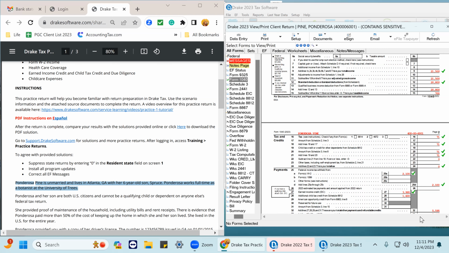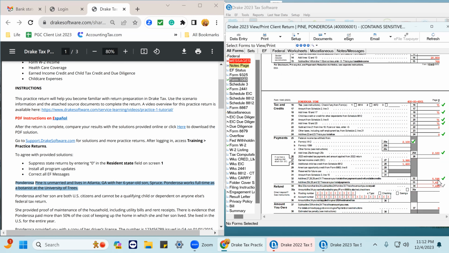So in this situation, they pay Uncle Sam nothing. They prepaid 2,100. They take it all back. Uncle Sam also gives almost 4,000 as an earned income credit, and there's also a 1,600 additional child tax credit. So this is the refund total.